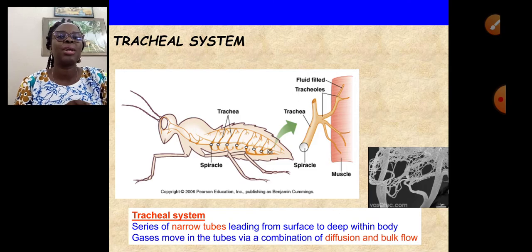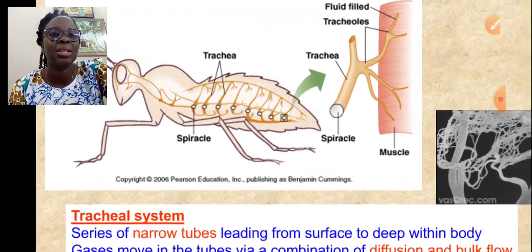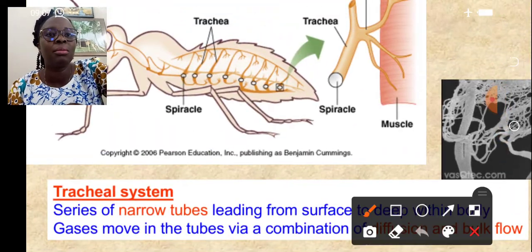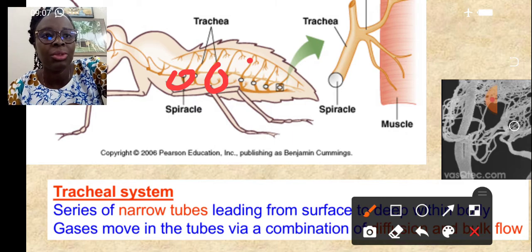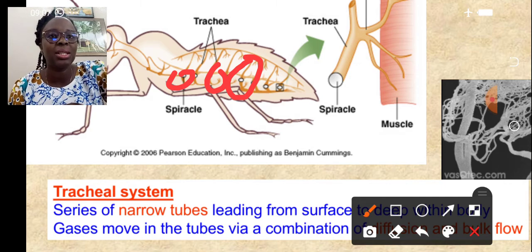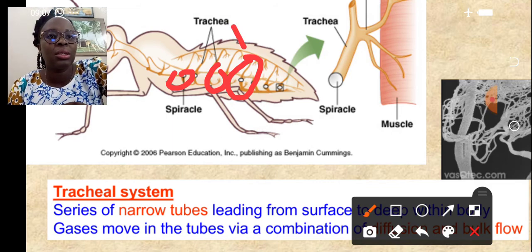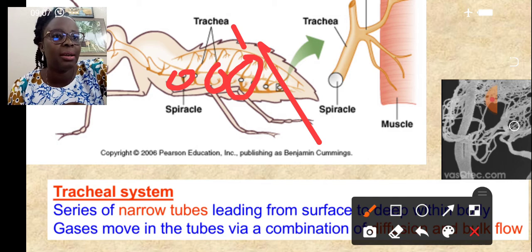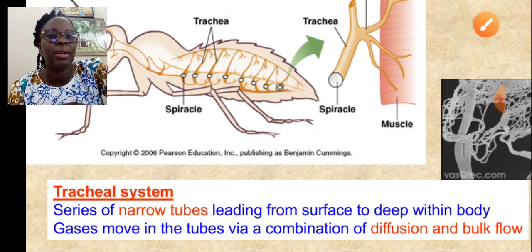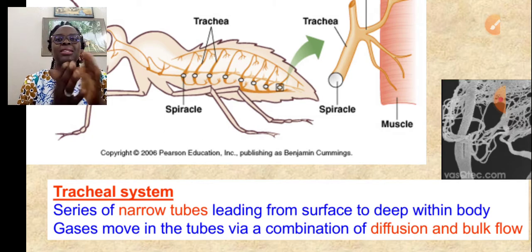The next one we want to look at is the tracheal system. Those dots, we can see them, they are called spiracles, and they lead into the tracheal system, and from there there's exchange of gas.